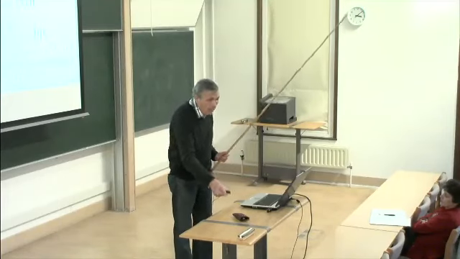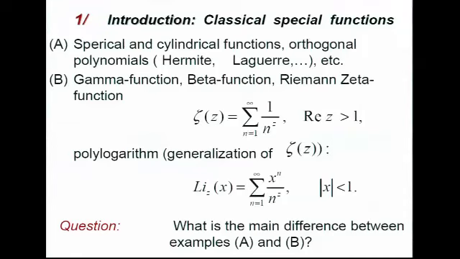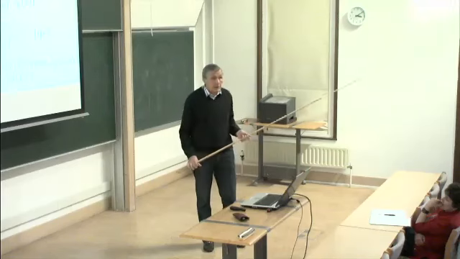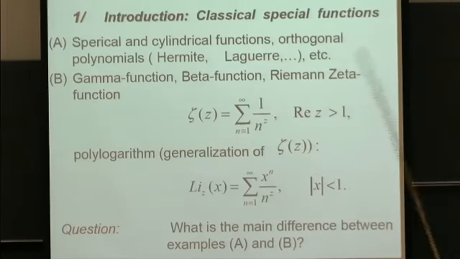So now we start with this introduction. I remind you of some elementary facts you know very well about classical special functions. So roughly speaking, all classical special functions can be divided into two groups. The first group, which is used a lot in mathematical physics, are spherical and cylindrical functions, various orthogonal polynomials like Hermite and Laguerre, whatever.